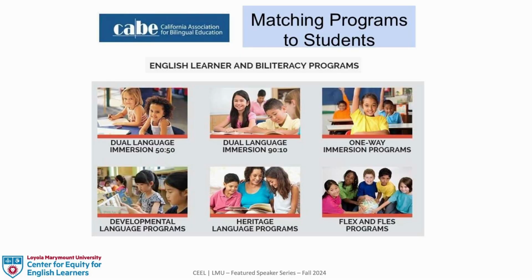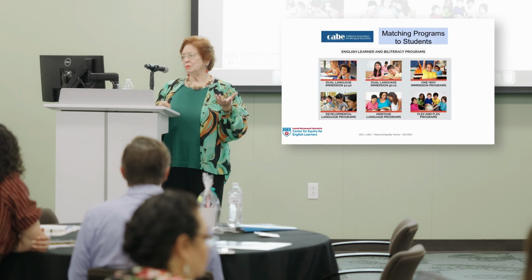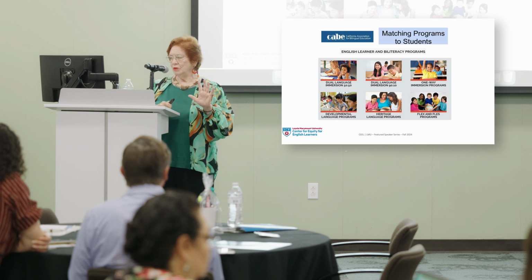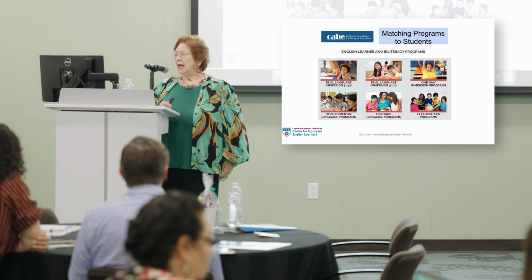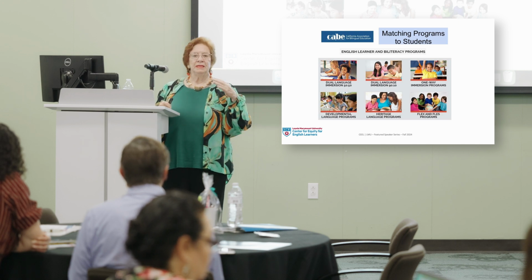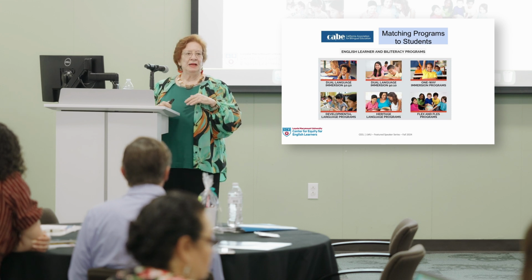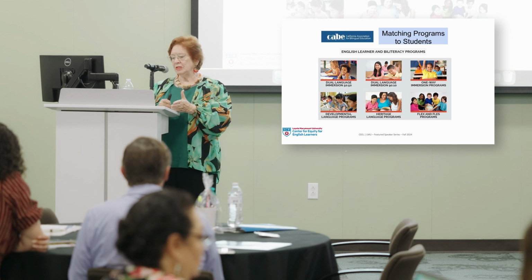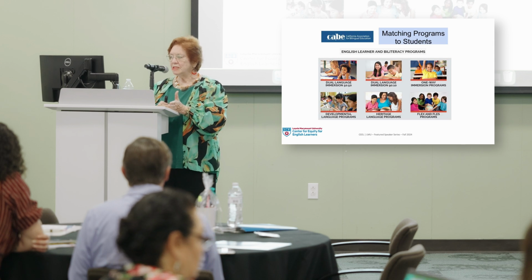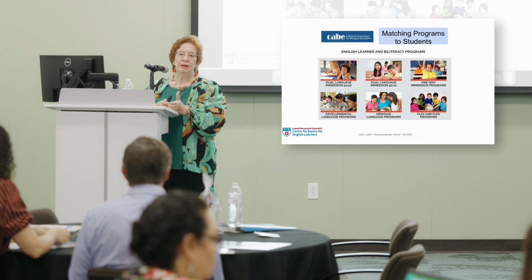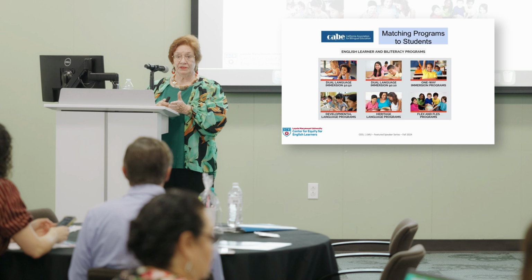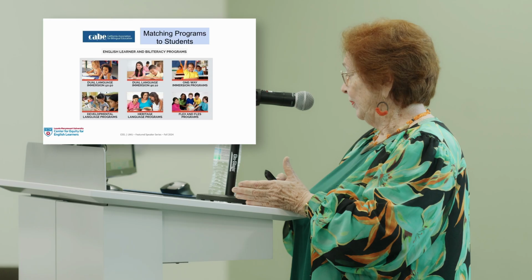So, for example, here we have from CABE's website the variety of different programs. Dual immersion, dual language immersion 50-50, dual language immersion 90-10. And each of these programs is theoretically research-based to emphasize what elements are necessary to be in each program in order for the program to be effective and to achieve its outcomes.